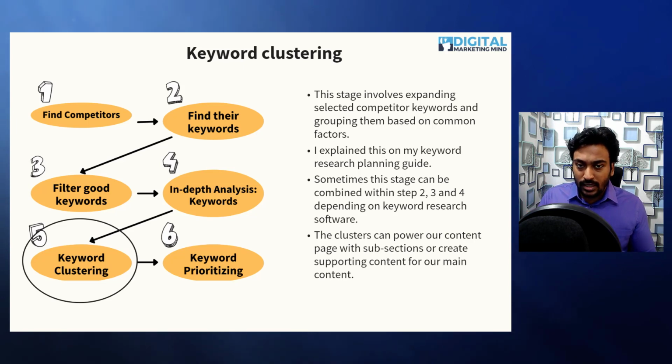Once we find the keywords, we will usually find related or semantic keywords which could become a keyword cluster within the competitor keyword list itself. If the competitor is doing a really good SEO job and is ranking on one keyword, typically when we start analyzing the top 10 or top 5 competitors, we will find all the related keywords which they are ranking for if we are using SEO tools.